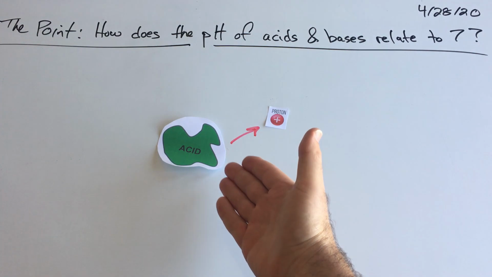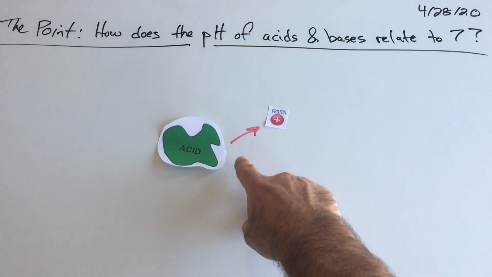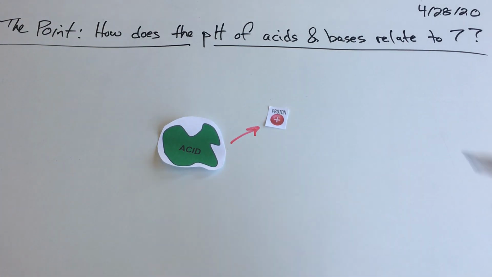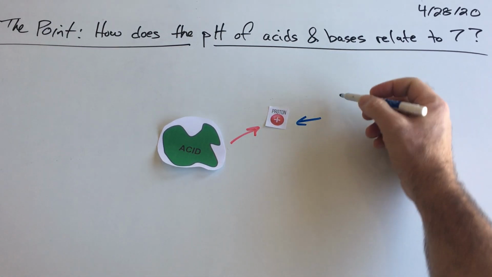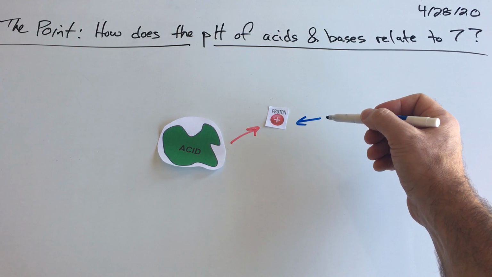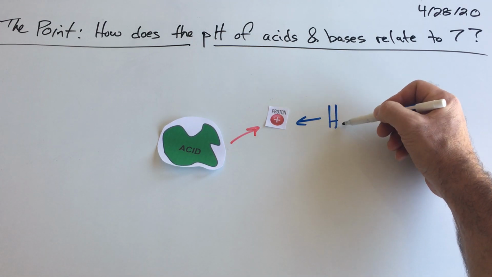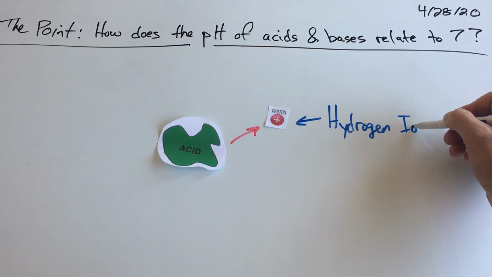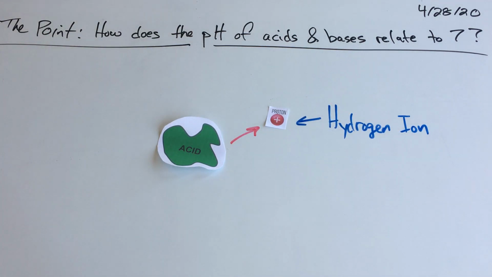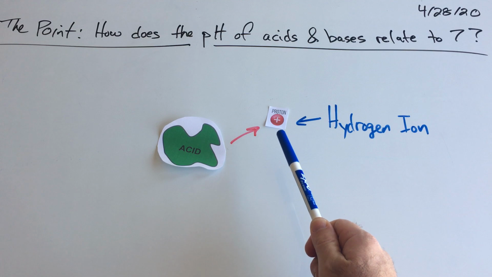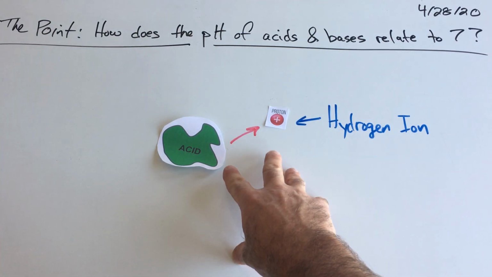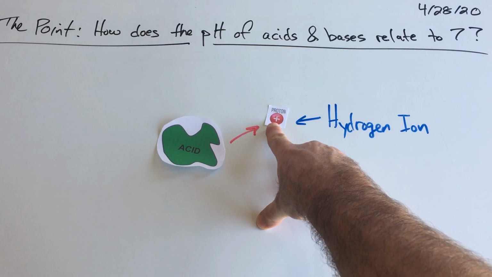And that's what the pH scale truly measures: how easily does an acid rocket off its acidic hydrogen? Yes, it is. Or a positively charged hydrogen ion. It's also a single proton, right? It has 3 names. So what the pH is actually measuring is how easily this comes off.